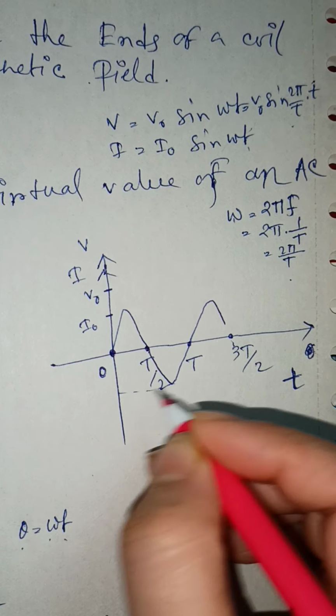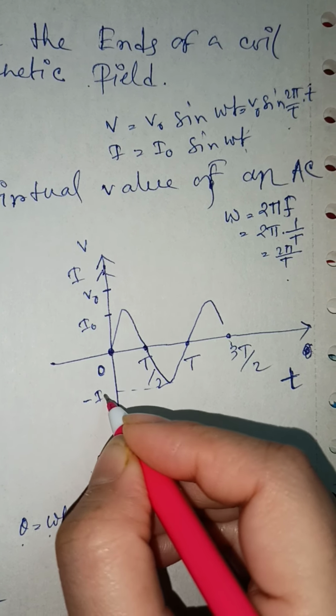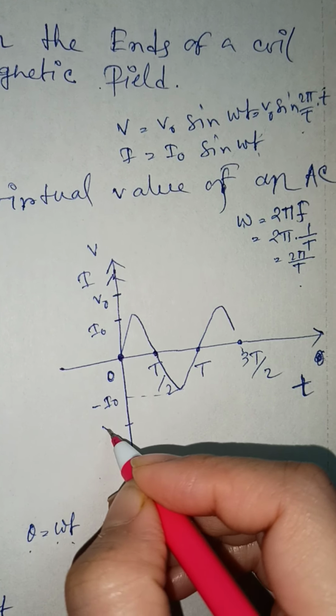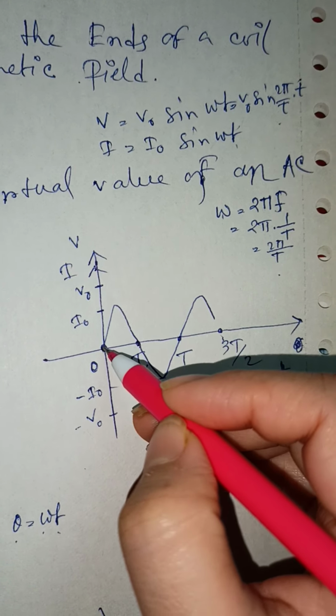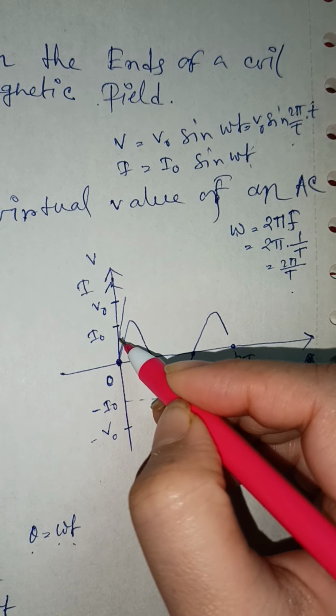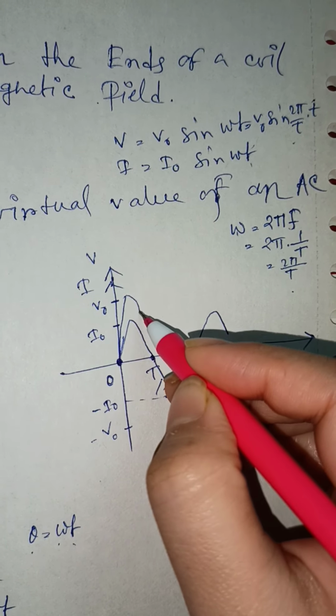This is minus I naught, and this is minus V naught. So for V, the graph will be like this.